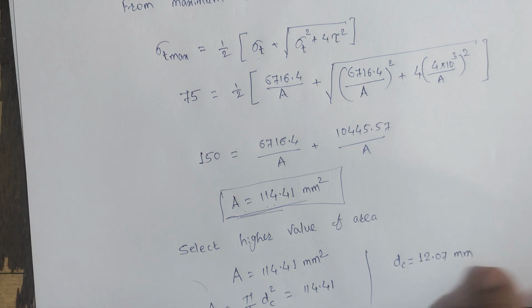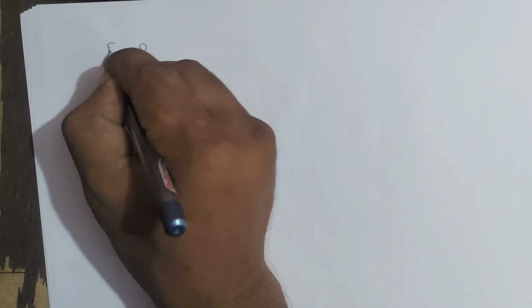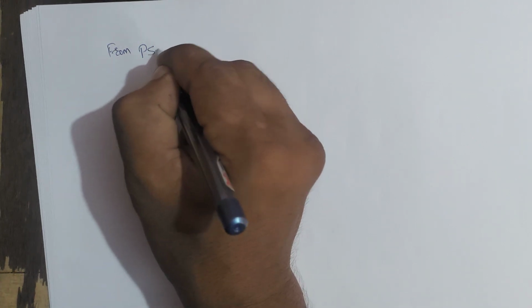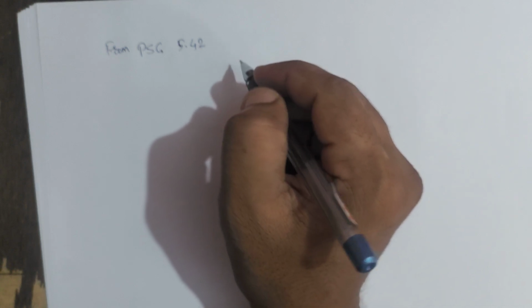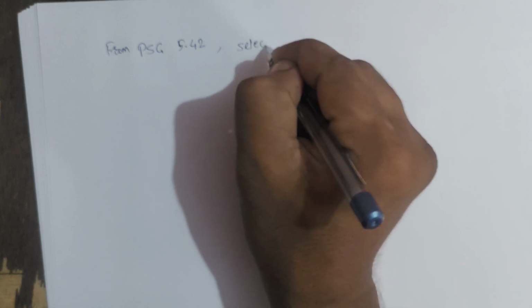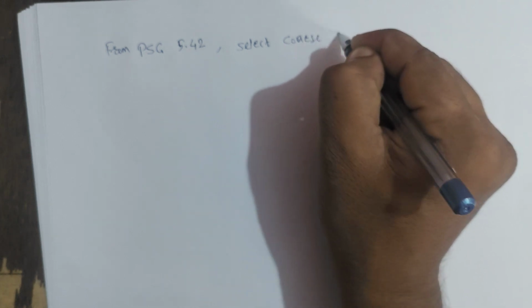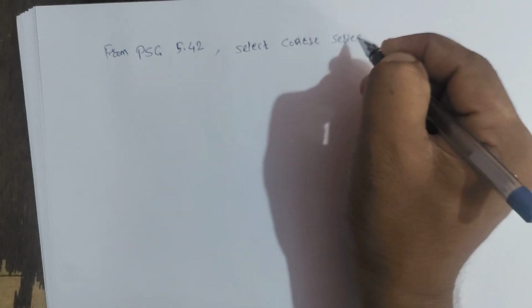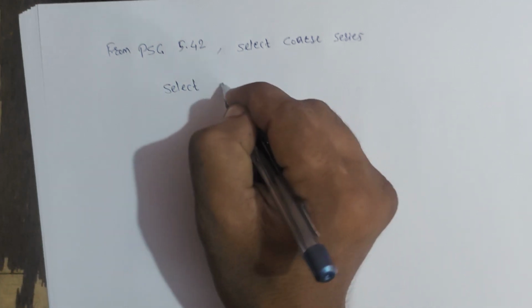Now we have calculated this core diameter, but there are some standard diameters of the bolts available, so you can refer to the PSG data book. So you can write from PSG 5.42, that is 5th chapter, page number 42. Select coarse series, and from the coarse series select the bolt.